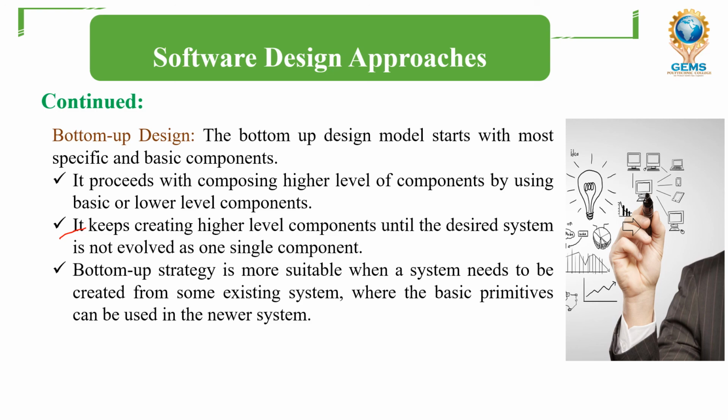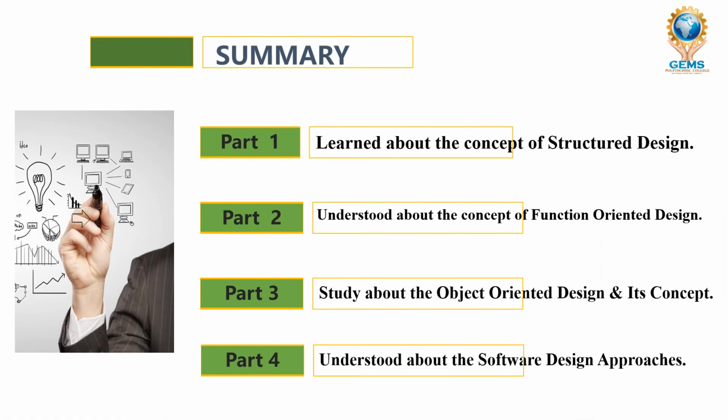I hope, my dear student, it's clear for you. So this is the summary. In this video lecture, I hope you clearly understood about software design, and under software design we have three types: structure design, function oriented design, object oriented design.